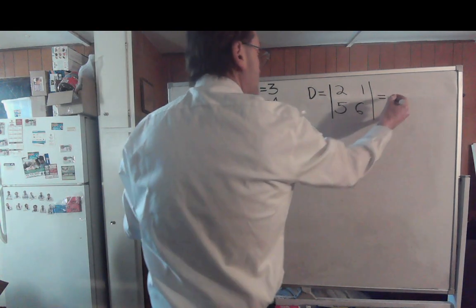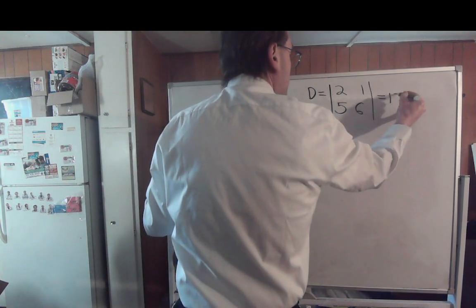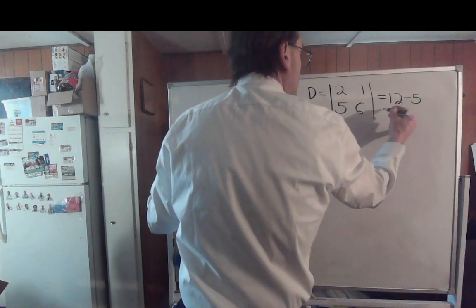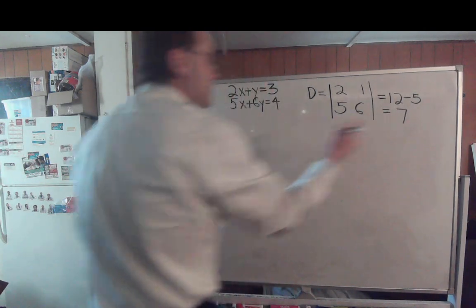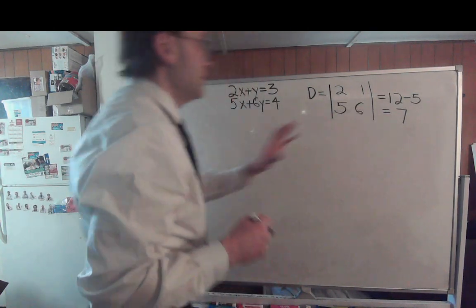So that determinant, of course, you take the 2 times 6, which is 12, minus your 1 times 5, so that'd be minus 5. That would give you the value of your coefficient determinant to be 7. So now we found d to be 7.